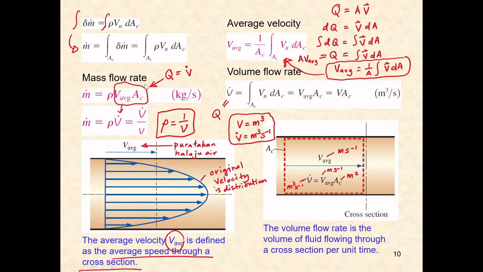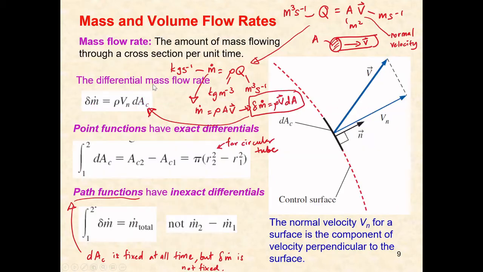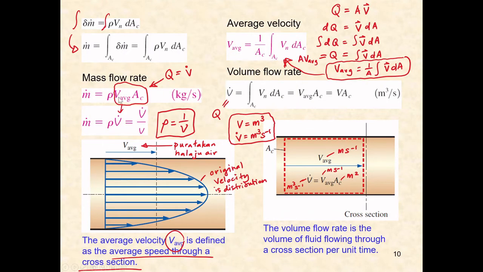You know that this V_avg A_c is actually the V dot, or sometimes I like to call it Q. It's also referring to the same thing, meter cubed per second. The one that I showed you in the previous slide is referring to this Q.